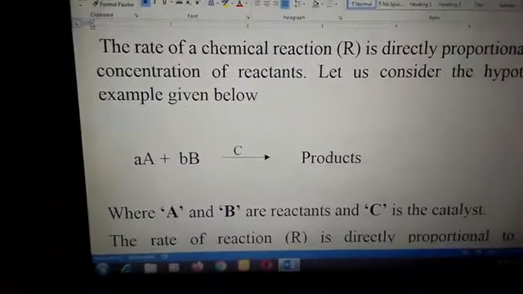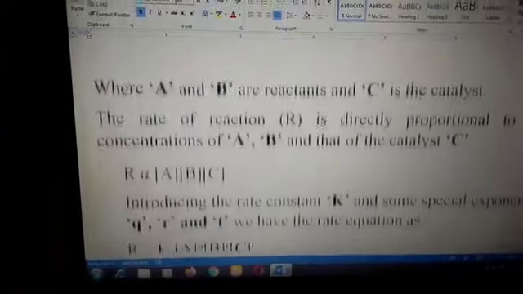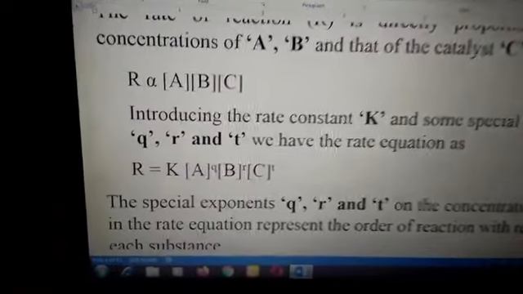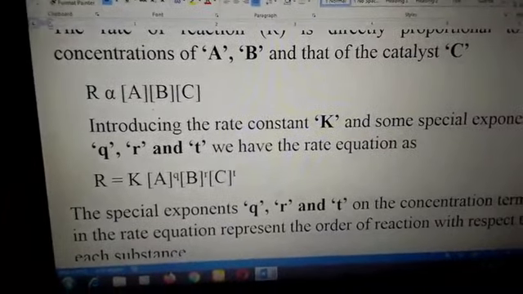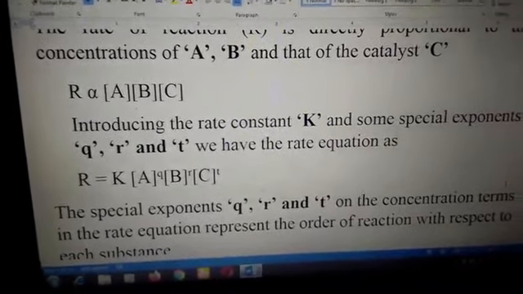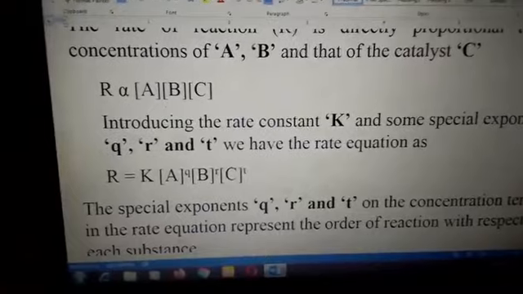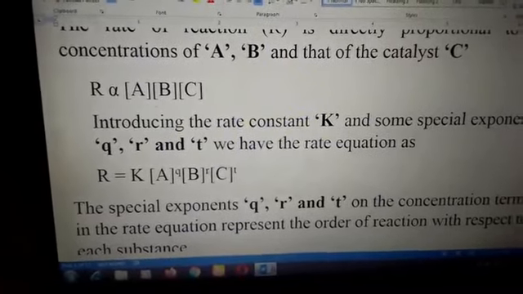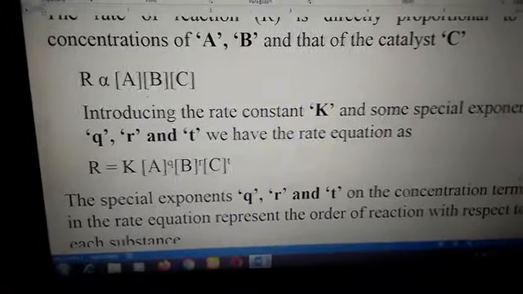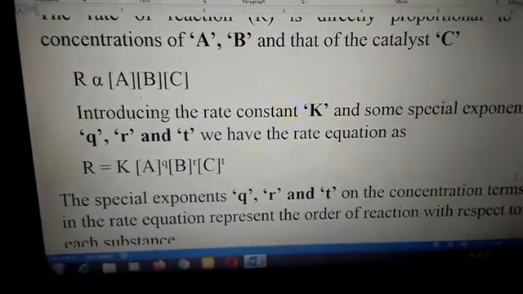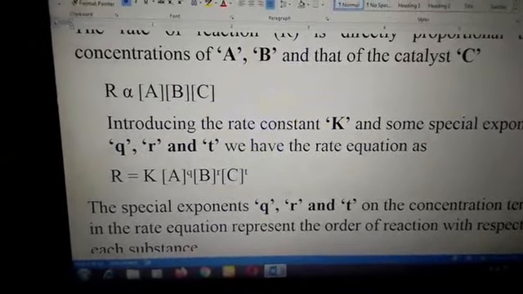Now let's look at the experimental rate law written down there as R equal to [A] raised to power q, [B] raised to power r, and [C] raised to power t, because the rate of reaction depends on the concentration of the reactants A and B, and of course of the catalyst C. So you see that [A] is raised to power q, [B] to power r, and [C] to power t.